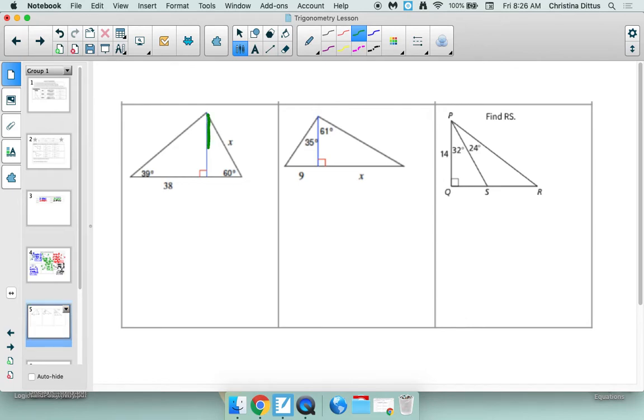Alright, I need to find this side x. However, in this little triangle, do I have anything labeled? I have my angle labeled. Do I have any sides? No. So guess what? We gotta find a side first. Well, that side should probably share a side with the other triangle that's labeled. So we should probably look at that side. Probably find that. The same side though.